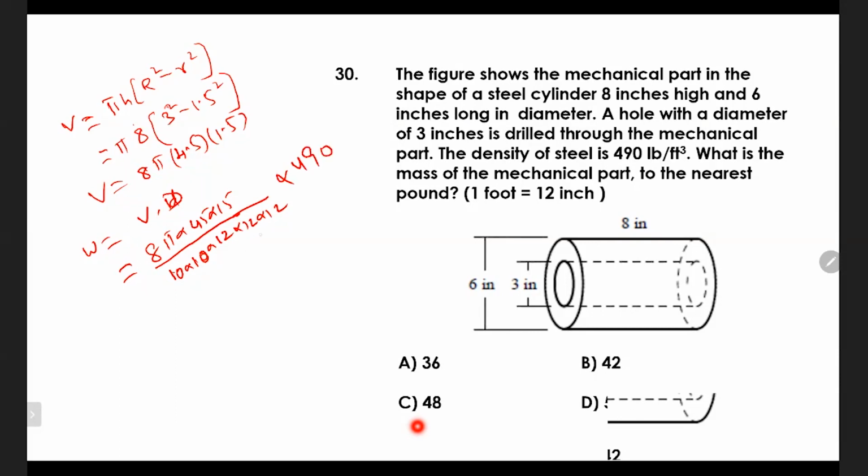So now you'll get it. 2 cubes, so this is cancelled.